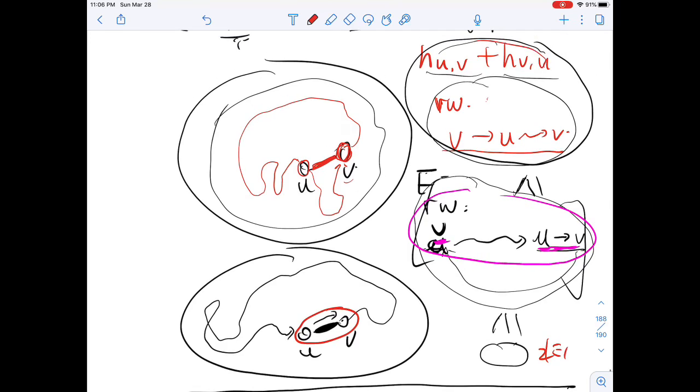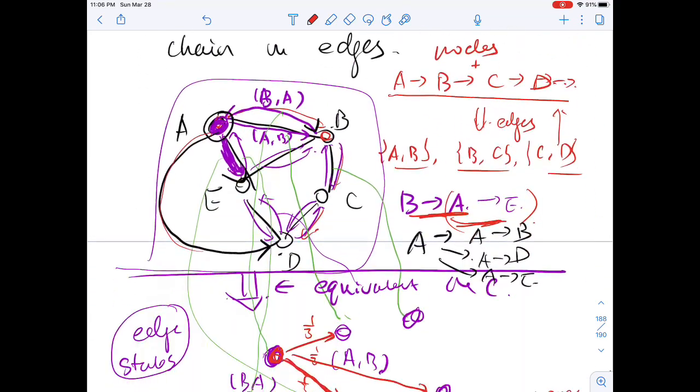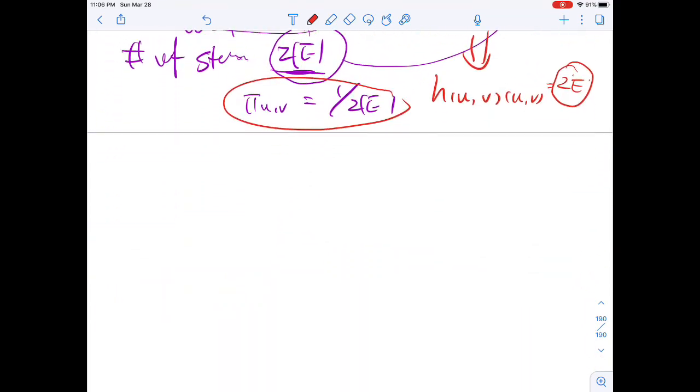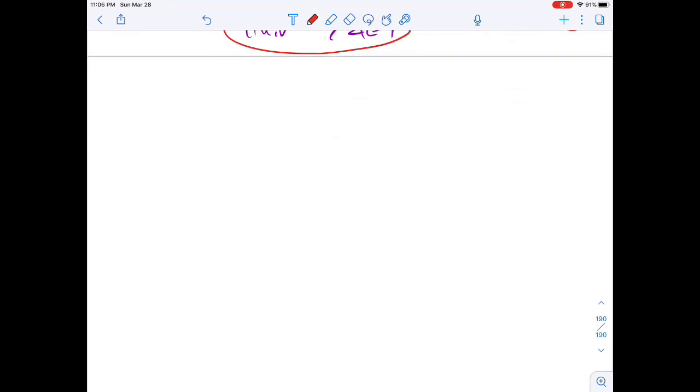And then it's an upper bound of the sum of HUV plus HVU. This is lemma 7.14. Right. So now let's move to the next lemma, lemma 7.15, the cover time of a graph.